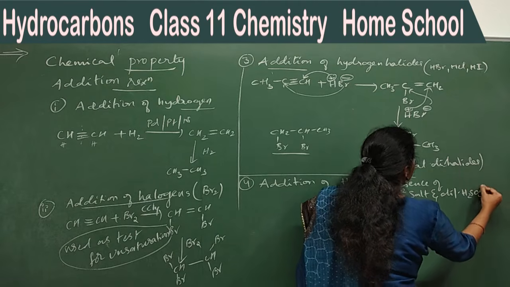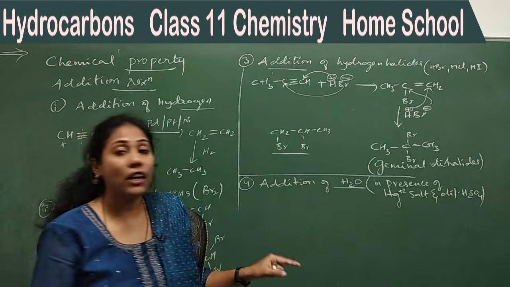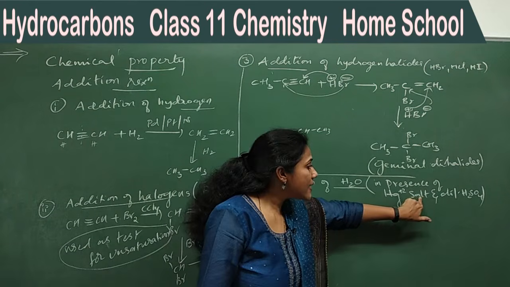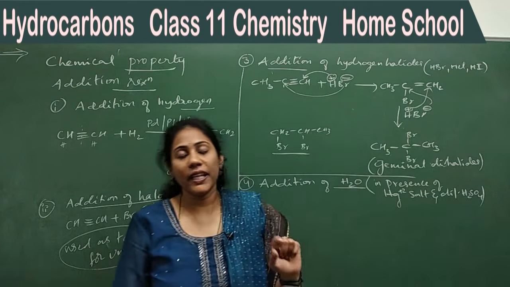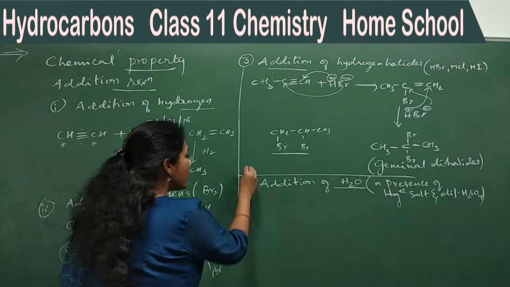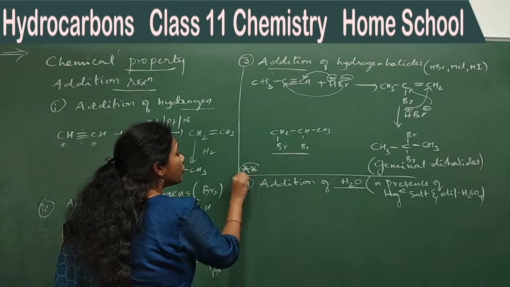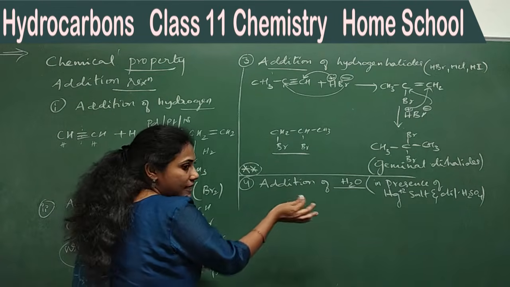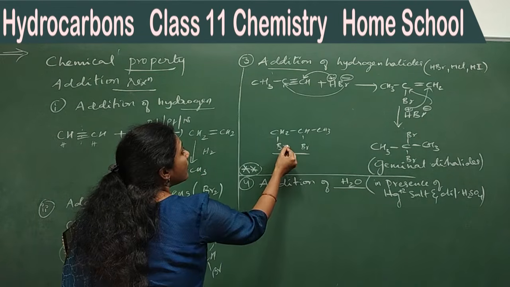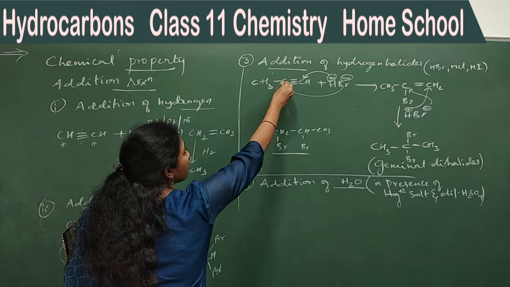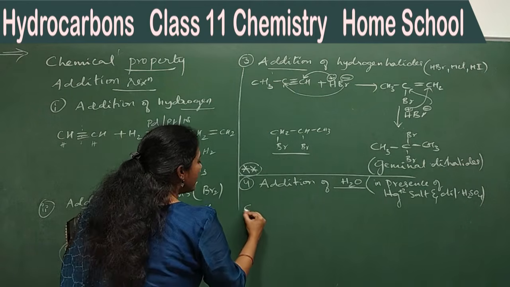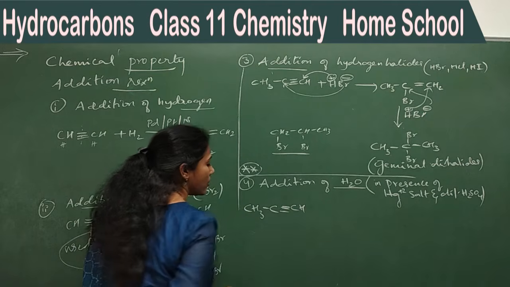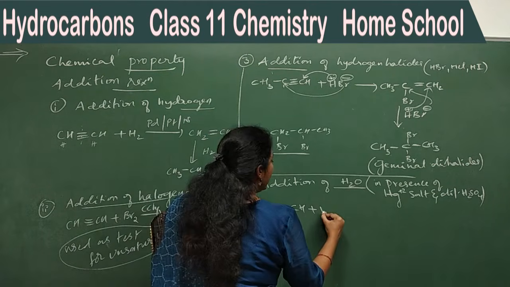Water addition to alkyne always occurs in presence of mercuric salt and dilute sulfuric acid. Remember guys, this is the most important reaction you should never ever forget. Now let's see how. I'll take the same alkyne here, CH3C triple bond CH, and I will add water.